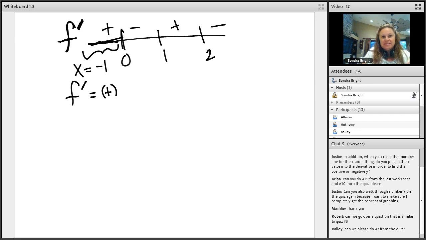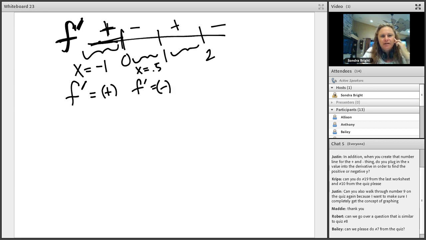Then that means that it's positive. So it's the y value, but the y value of your derivative equation, not the original equation. And then here, I would plug in a 1/2, and I said, oh, okay, now it's a negative value.